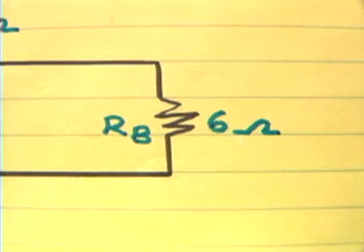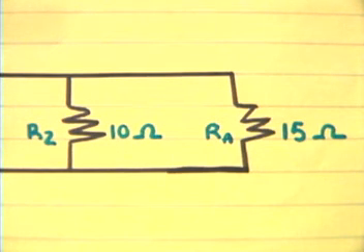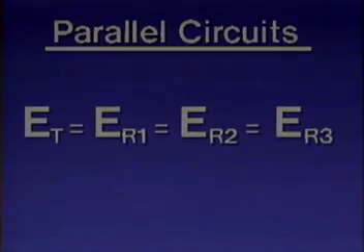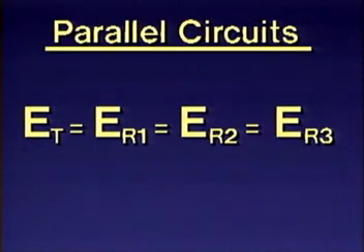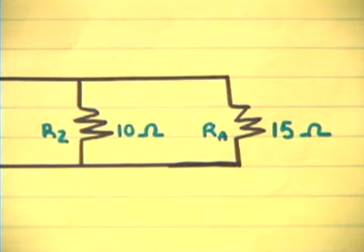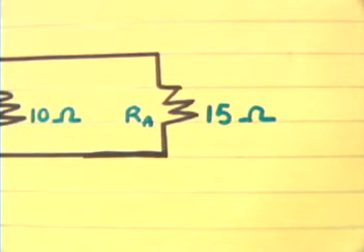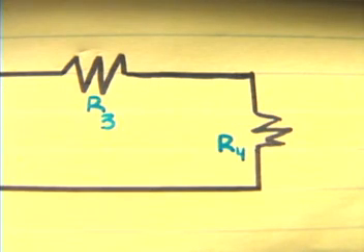RB represents the equivalent resistance of R2 and RA, which are connected in parallel with each other. Using the formula for voltage in parallel circuits, you determined the voltage drops across both R2 and RA to be 12 volts. Finally, RA represents the equivalent resistance of R3 and R4, which are connected in series with each other.